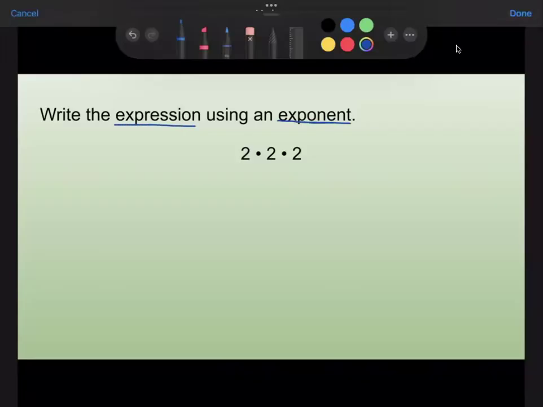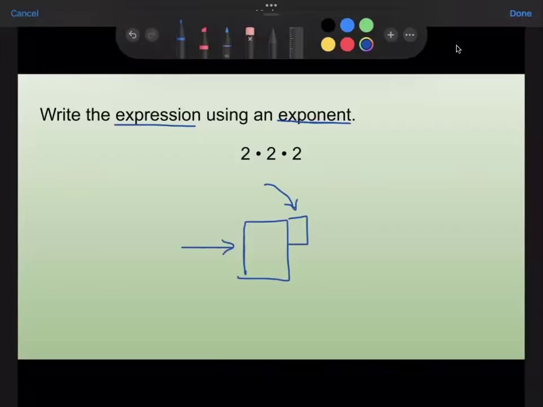So an exponent consists of two different numbers. You have a regular sized number here and a small number that goes next to it on the upper right corner. So the small number is what we call our exponential number, and then the regular size number is what we call the base. The exponential number represents how many times you are multiplying.